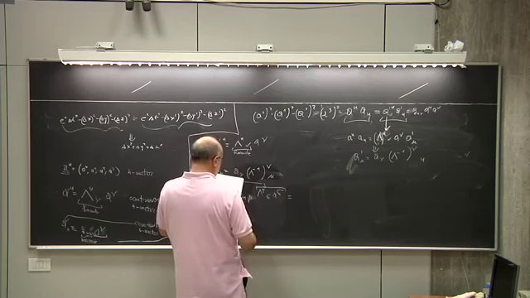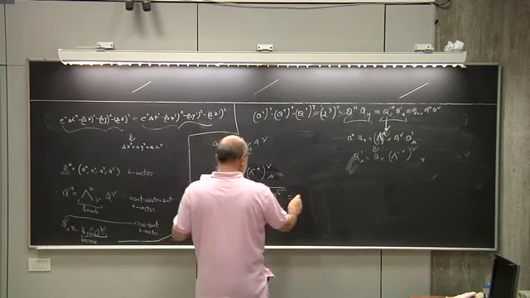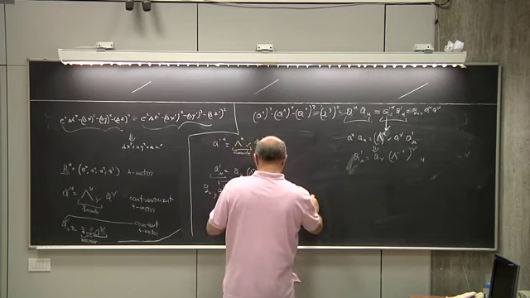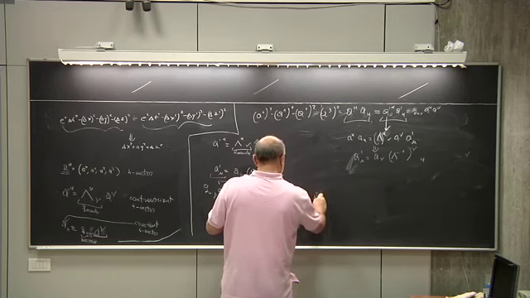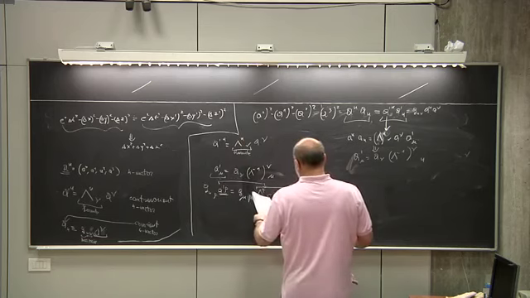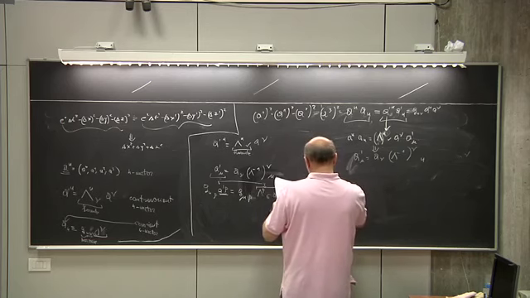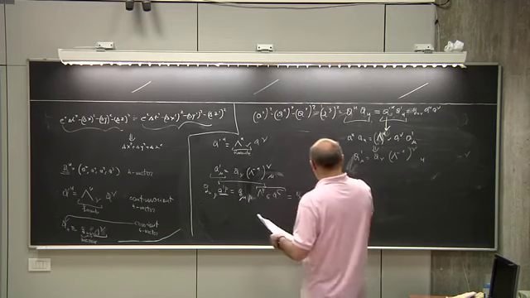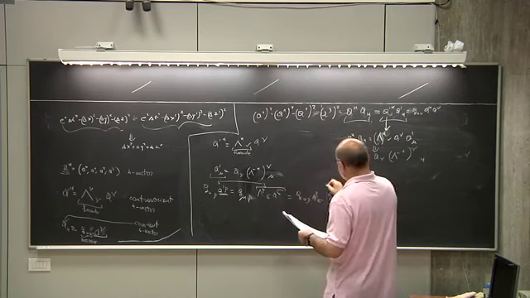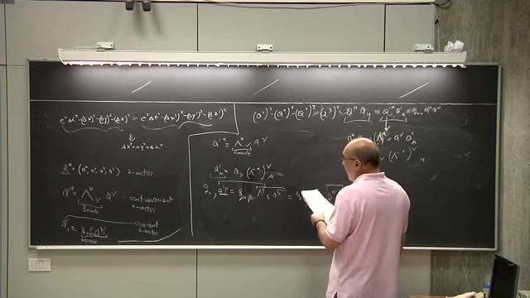And now what I can do, I can bring this down, g_μρ Λ^ρ_σ, and then I bring this index up like g^σν A_ν. And now you see I have introduced a metric that has both indexes up.